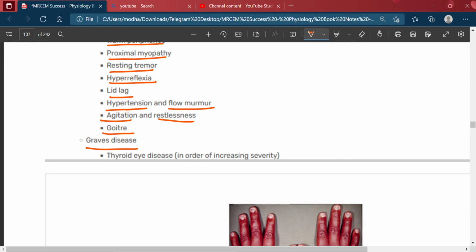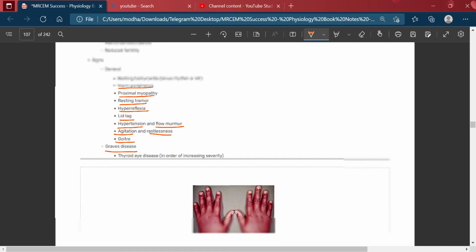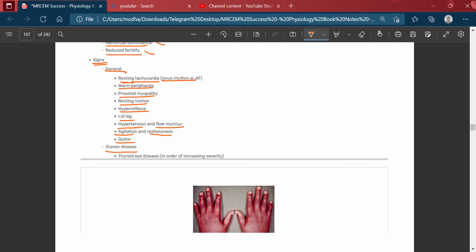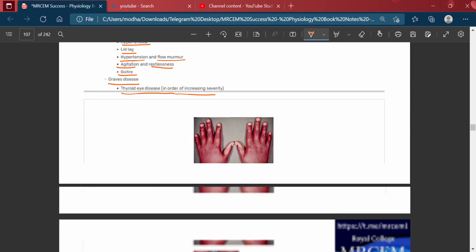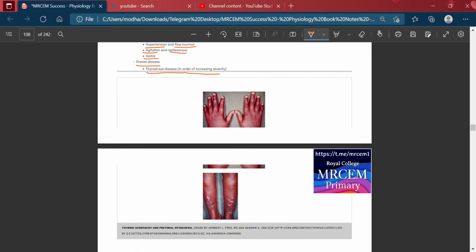In Graves disease, there is thyroid eye disease, in order of increasing severity.